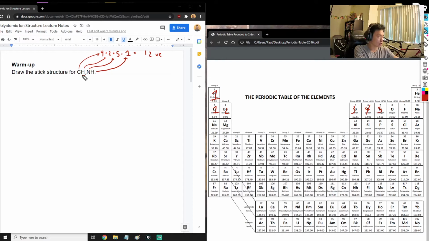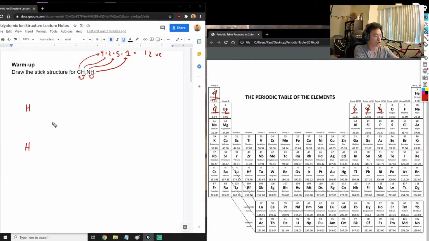Now we said earlier that the H's are most likely going to be connected with the atoms in front of them. So when we start planning out our structure, we're going to be organizing them with the H's very close to the atom that's in front of it. So we know that H's always like to be on the outside. So I'm going to put these two H's towards the outside.